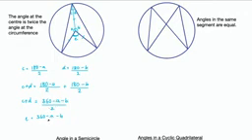The angle at the center is just 360 take A take B. So therefore this angle is half of this angle at the center, or we could say E equals 2 lots of C plus D.